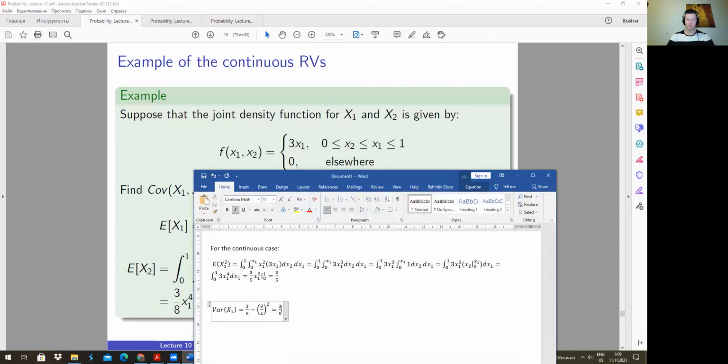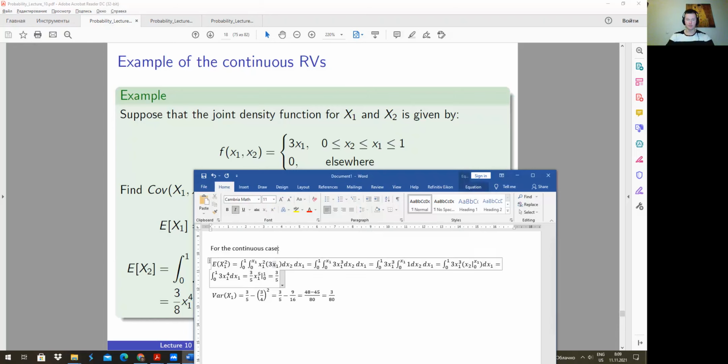So 3 over 5 minus 9 over 16. The denominator is 80 here. 3 times 16 is 48, 5 times 9 is 45. So it's 48 minus 45, and finally I have 3 over 80. That's the variance of x1.